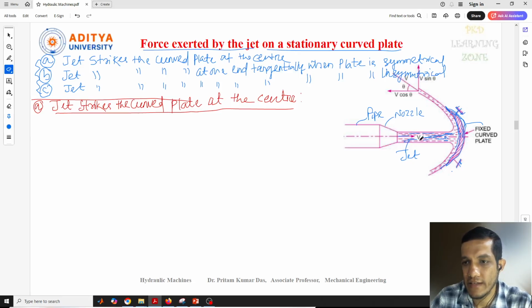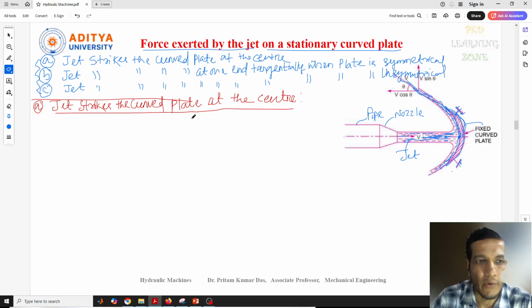After striking the curved plate, the water moves along the direction of the curved plate, as you can see here. The velocity of water after striking the curved plate moves in this direction, and this is the velocity of water coming out from here.